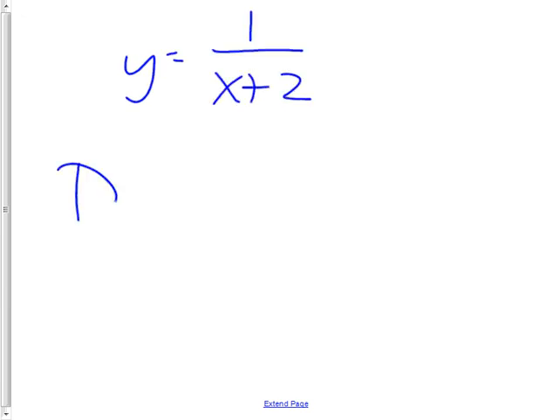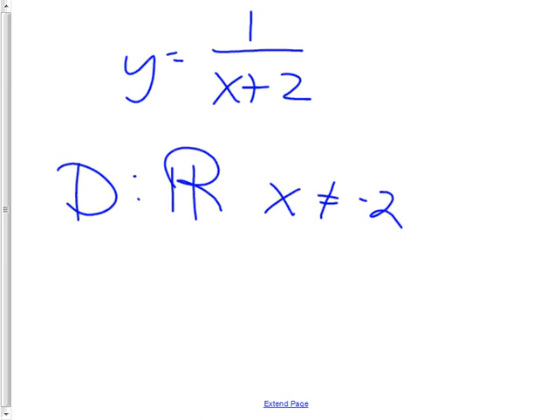We'll do this one. Y equals 1 over x plus 2. For domain, when you don't have a picture, you just ask yourself, what would not work? Everything works except what? -2. So you can say all real numbers except x cannot be -2.